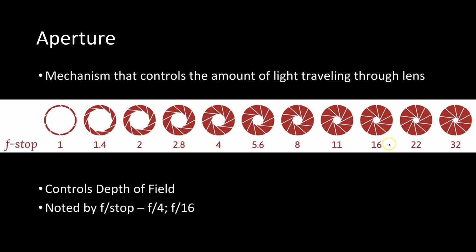As you open up the aperture and allow more light in, the range of your depth of field shortens. Okay, it gets a little bit confusing because it kind of feels like the numbers are wrong, but the numbers have to do with the measurement of the opening. Okay, so as you open the lens up, you're allowing more light in, but you're also lessening the amount of space that will be in focus. Now, just because you don't have as much space in focus doesn't mean that space that's in focus has to be right in front of you.